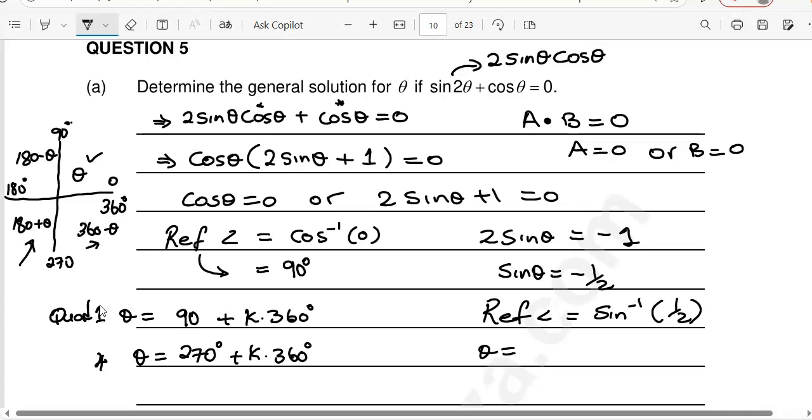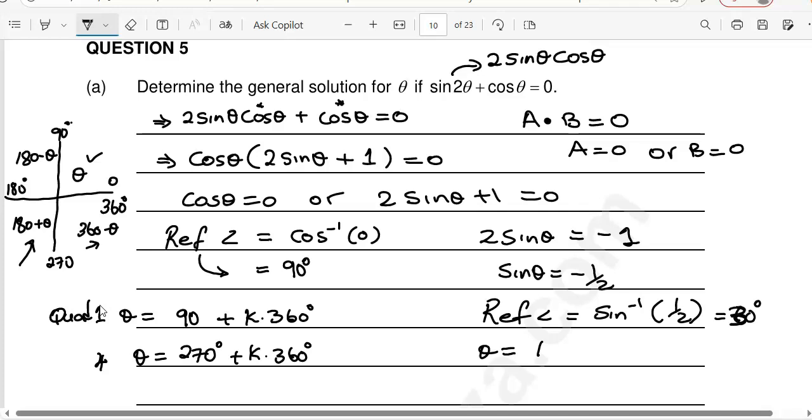So theta in quadrant 3 is 180 plus the reference angle. What do you get when you say sine inverse of 1/2? You're going to find your reference angle as 60. So this is 60 degrees. Okay, if this is 60... no, I'm sorry, it's 30.